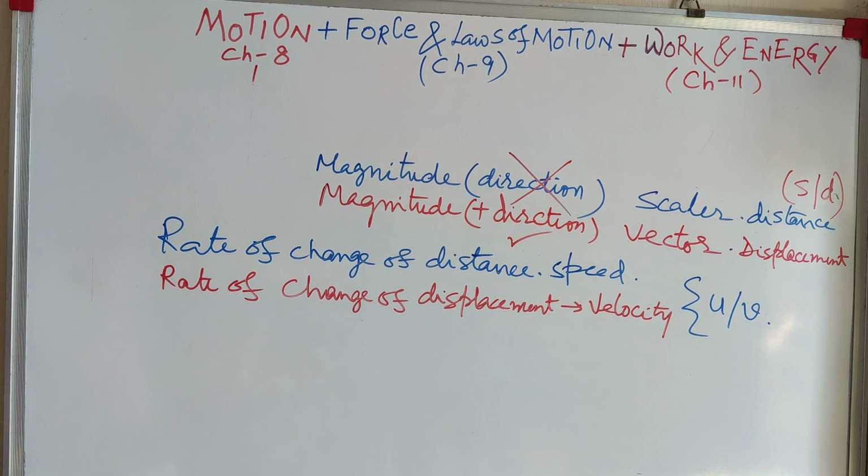But in the case of speed or velocity, u is the initial velocity and v is the final velocity. There should not be any confusion: whenever you talk about distance, you consider displacement, and displacement is displacement. Here also, when you talk about speed, we are actually talking about velocity, and velocity is velocity.